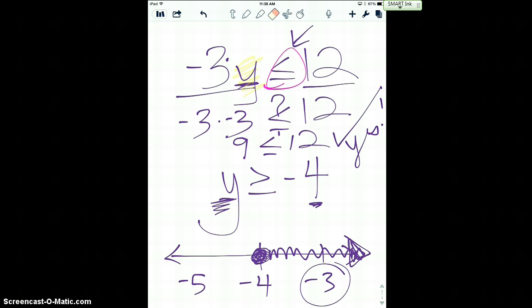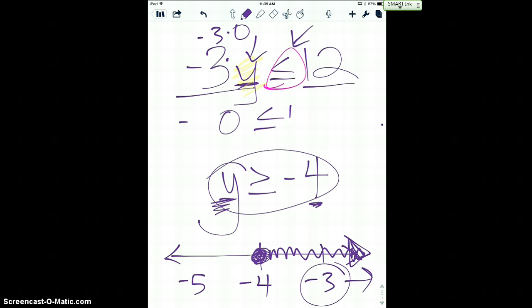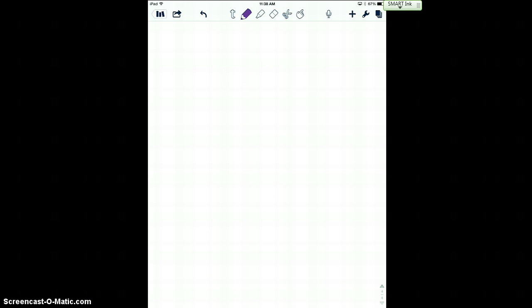If I plug in something else, like 0, because 0 would be on this side of -4. 0 is greater than -4. If I check it and I plug it in, -3 times 0 is 0. And is 0 less than or equal to 12? Yes.